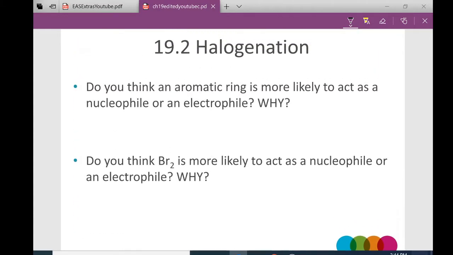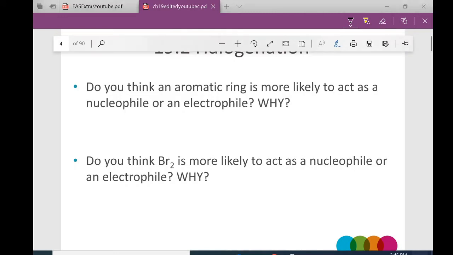Normally we don't think of something like a bromine acting as an electrophile. That's why we need to add a Lewis acid catalyst in order to create a strong electrophile such that the aromatic ring is nucleophilic enough with its large region of electron density in order to act as a nucleophile.